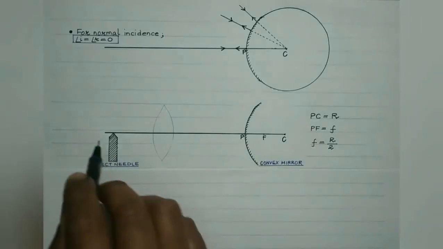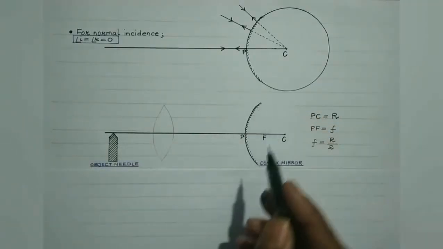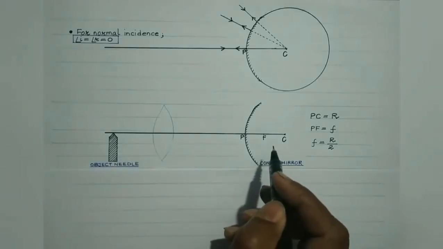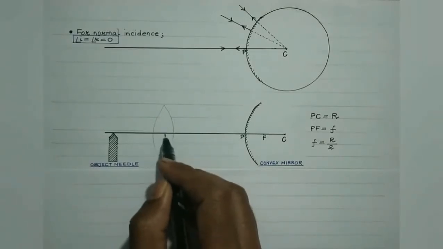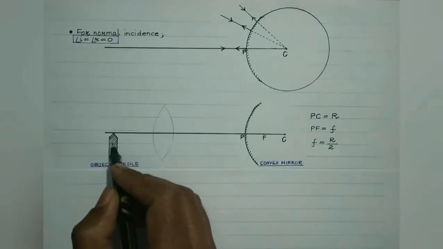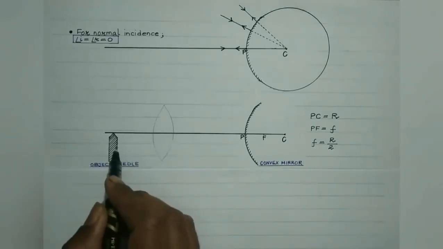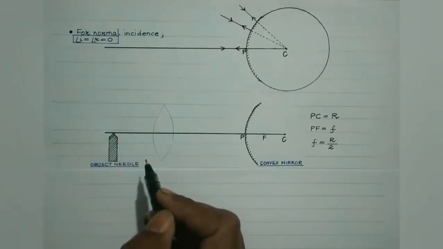Now suppose, students, this is the object needle, right? And this is the convex mirror. These are to be placed on the two uprights. Now what we need to do is place a convex lens between the convex mirror and the object needle, such that the needle lies between F and 2F of the convex lens, right?